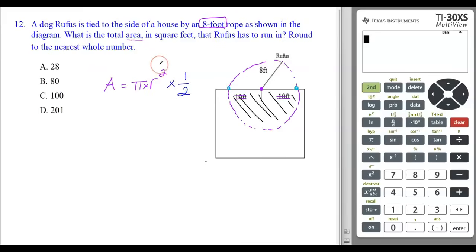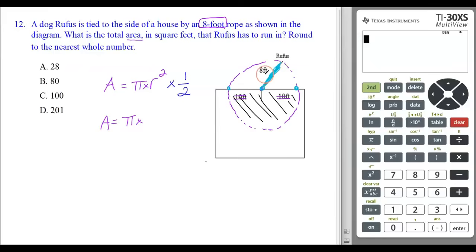Because this formula gives me the area of a whole circle, I'm only concerned about the area of a half circle. So I'll multiply by 1/2. Let's go ahead and do this now. So the area equals pi, bring your times sign down, and the radius is always the distance from the center of the circle to the edge of this circle right here.